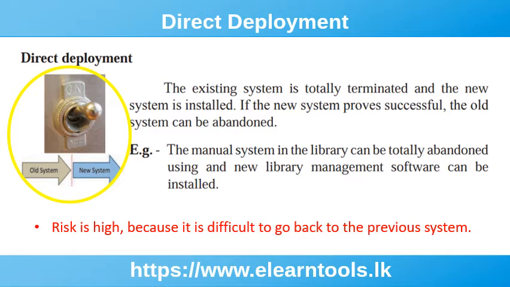But here the risk is high. That is because it is difficult to go back to the previous system. Think that the errors of the new system may occur after 1 month or 2 months. Then how can we take back those manual system again? Then we will be in trouble.